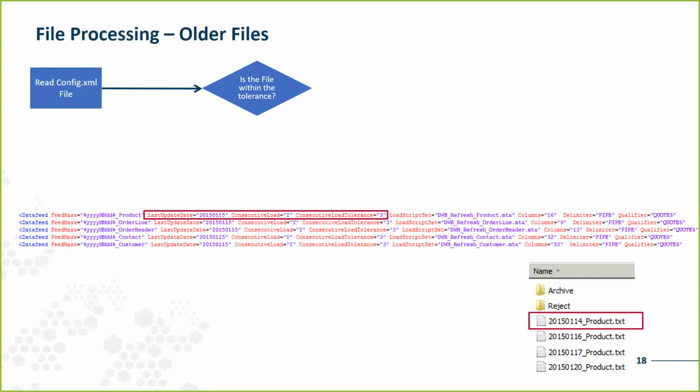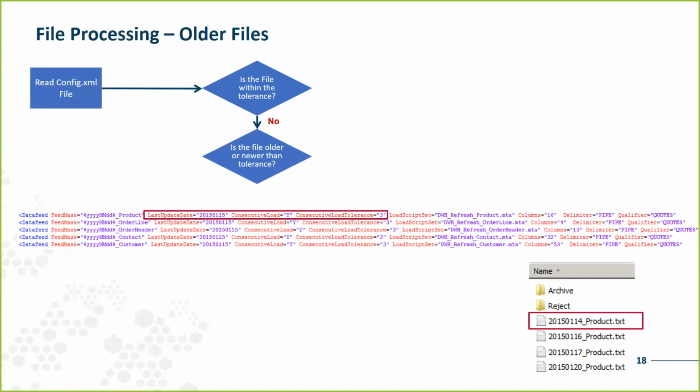We will read the config file for product. The last update date you will see here is the 15th of the 1st, 2015. So we only expect to load newer files because we have consecutive load set to Y. So we're expecting to load files dated the 16th onwards, and consecutive load tolerance 3 simply means that we will only load data dated the 16th, 17th or 18th.